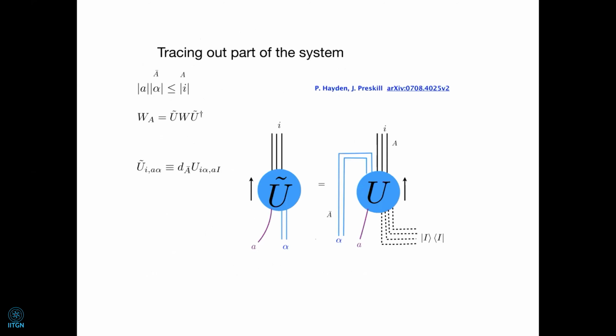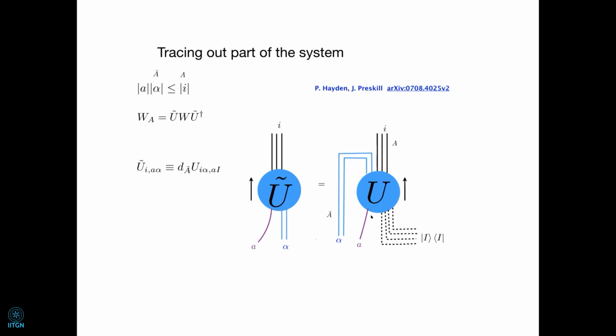The more interesting case, of course, is when we trace out part of the system. Let's say we do this. This is our initial state, black hole initial state I, and then we throw in a spin which is labeled by A, and then we apply U, the black hole time evolution.